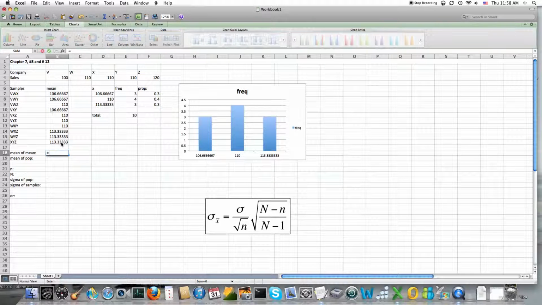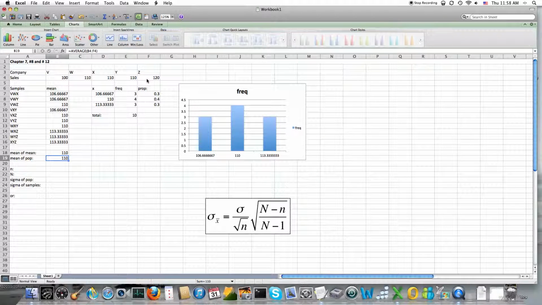So the mean of the means, in other words the mean of the sampling distribution, is the average of all the averages you can get. And that's 110. And the true mean, the average of the population, if I go up here and look at the numbers of the actual 5 companies, we notice that's the same.